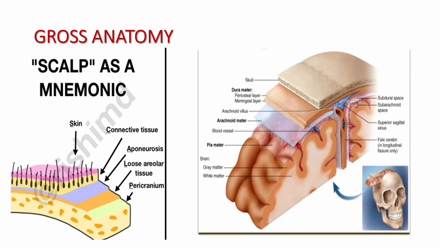Also there is a dural fold which is illustrated in this picture here, which lodges the superior sagittal sinus, and it goes deep inside to divide the cerebrum, and this is called the falx cerebri.